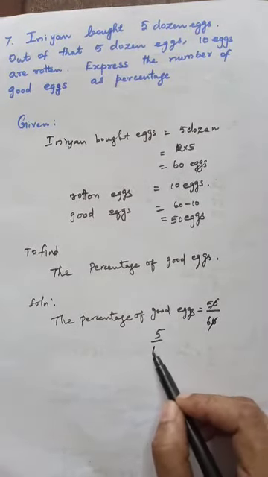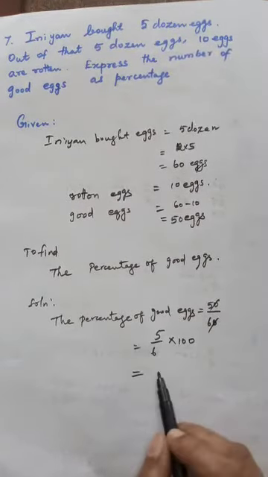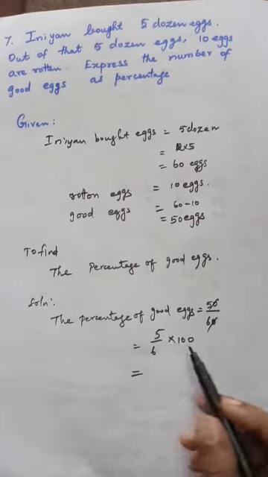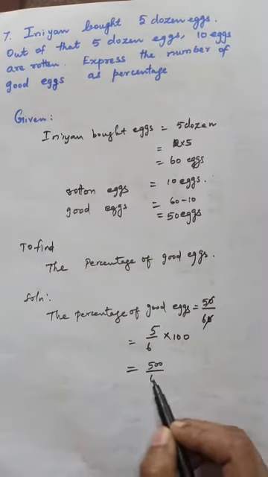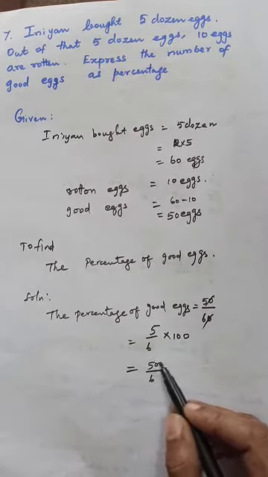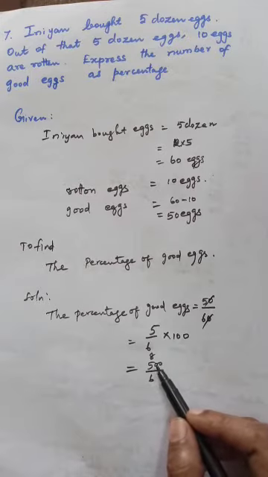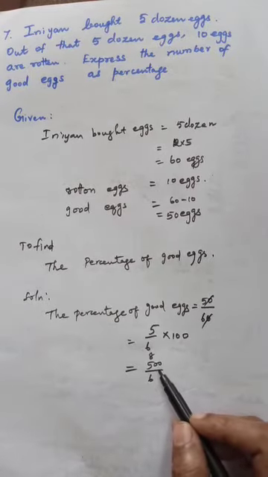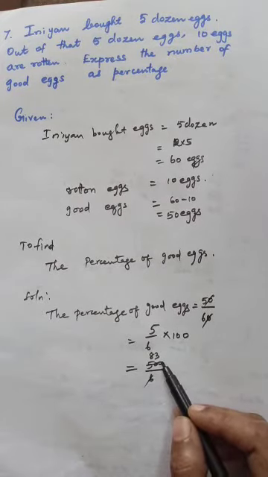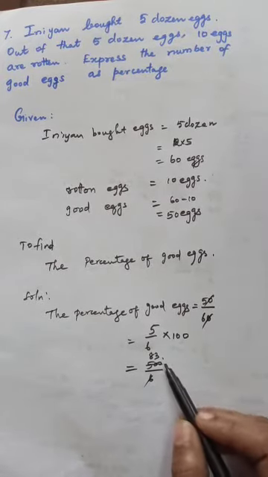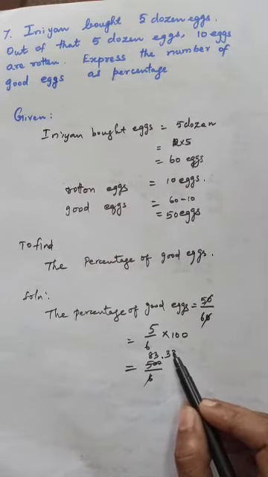Then 5 by 6 into 100 is equal to 500 by 6. 6 8s are 48, remainder 2, that is 20. Then 6 3s are 18, again remainder 2. Then keep on adding 0, 3 going on.